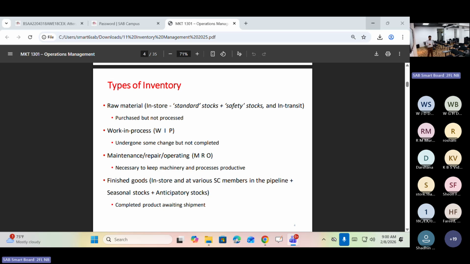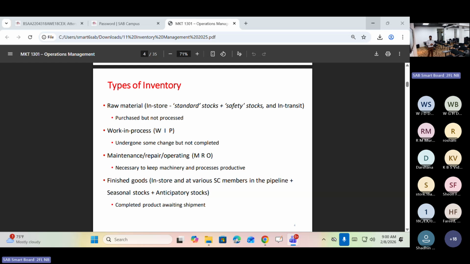In the supply chain, as we discussed briefly in supply chain management, there can be disruptions, like supplier delays, logistics issues, transportation delays, right?